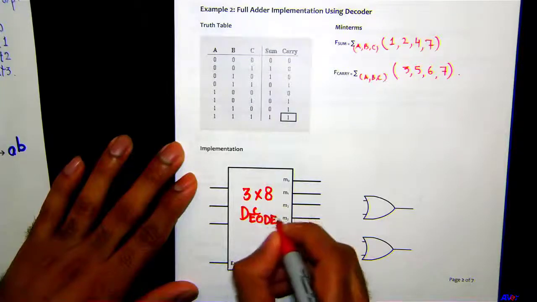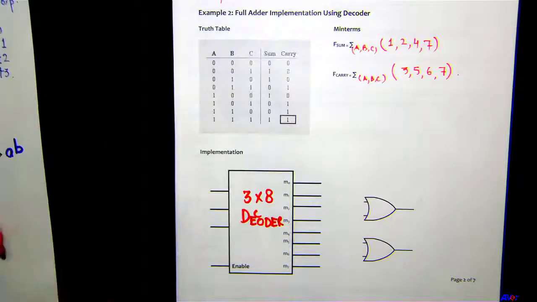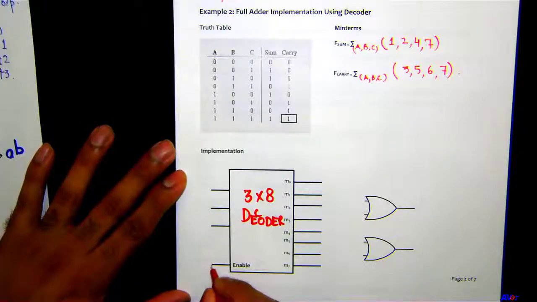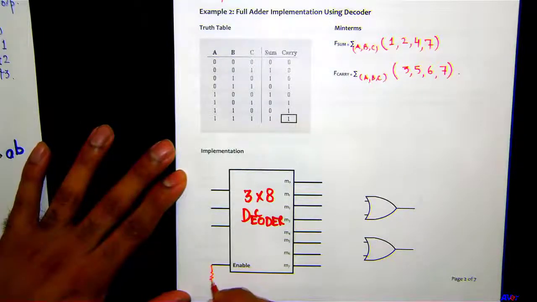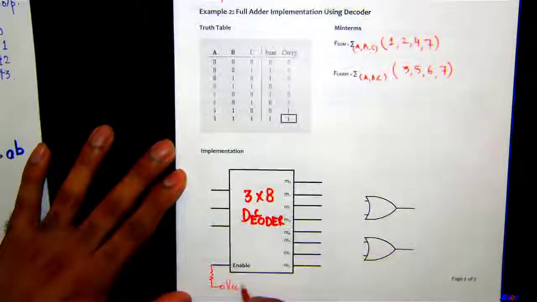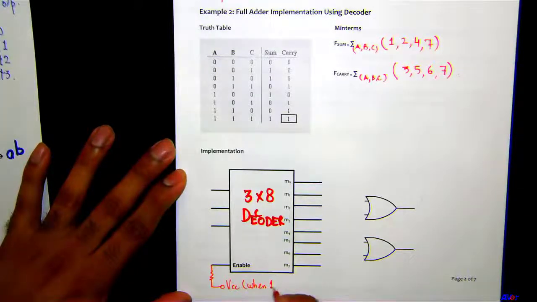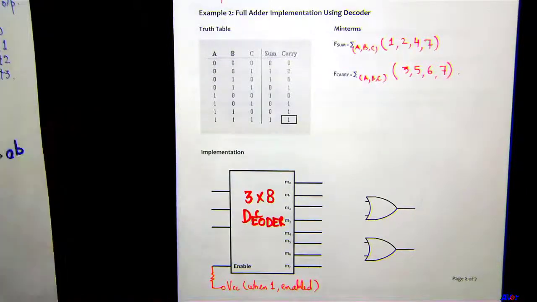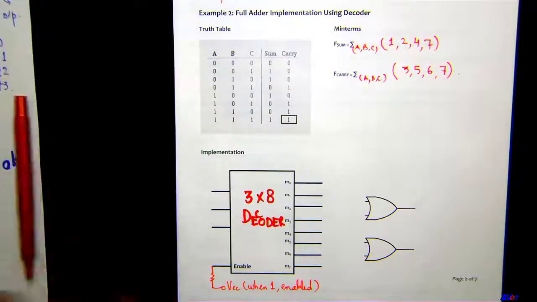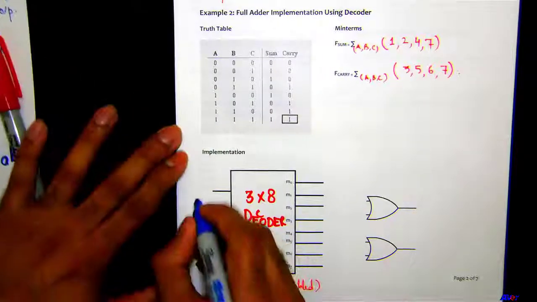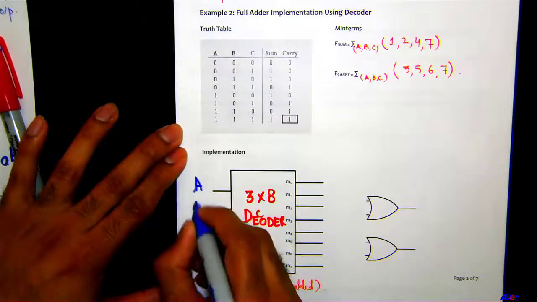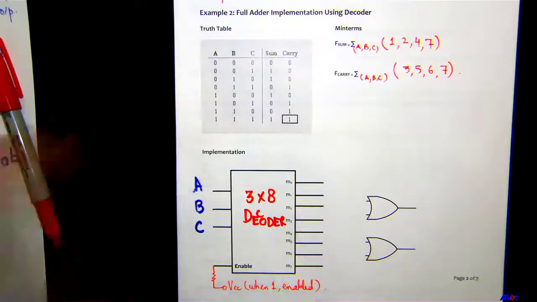Again, decoders could be active high or active low. They also have an enable. Say this is active high, so this is actually just connected to VCC. When 1 it's enabled, 1 would mean 5 volt here, or whatever the voltage is. So our inputs here are going to be A, B, and C.